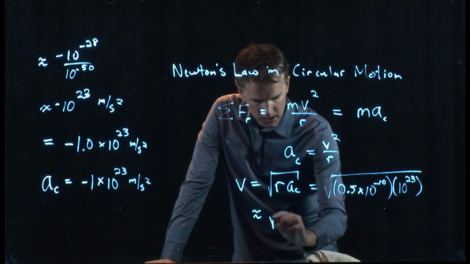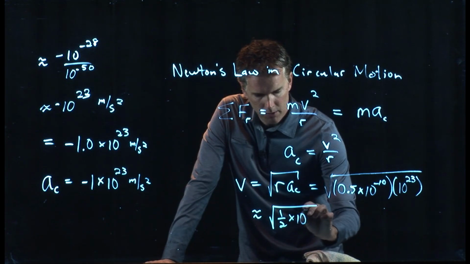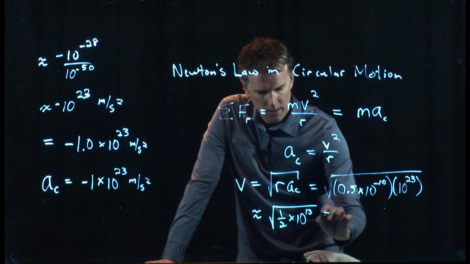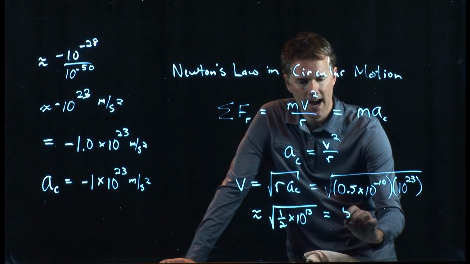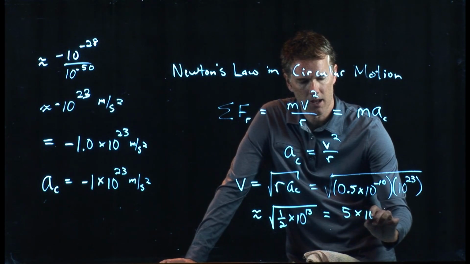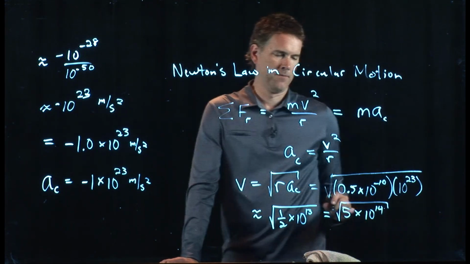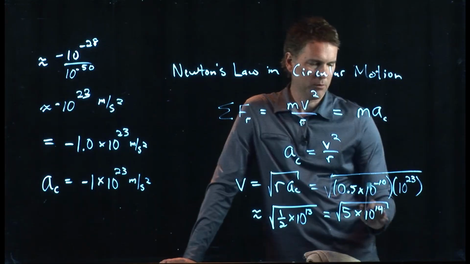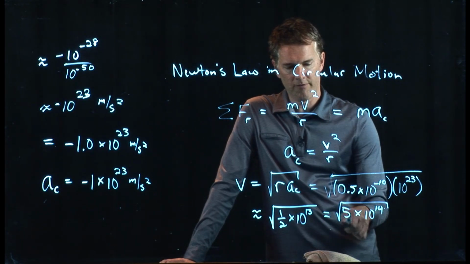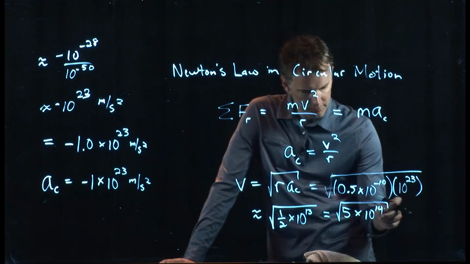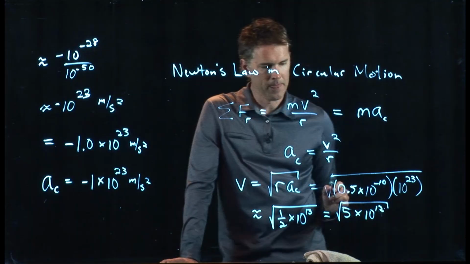So if we make it a half times 10 to the 13, that's exactly the same as 5 times 10 to the 14. And square root of 10 to the 14 is 10 to the 7. Square root of 5, I'm sorry, this should be 12, right? Good. Should be 12.